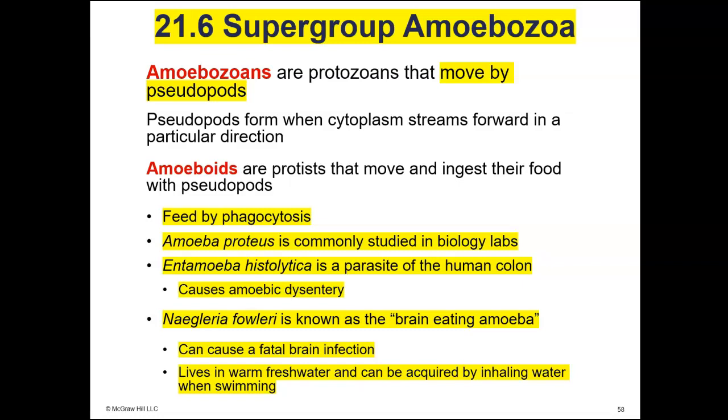But the danger is that if your water is not sterile, and one of these amoeba gets into your nose, it can actually end up in your brain. It is rare, but it does happen. So you have to be really careful about sterilizing and washing your neti pot, and about letting water get in your nose when you're swimming.